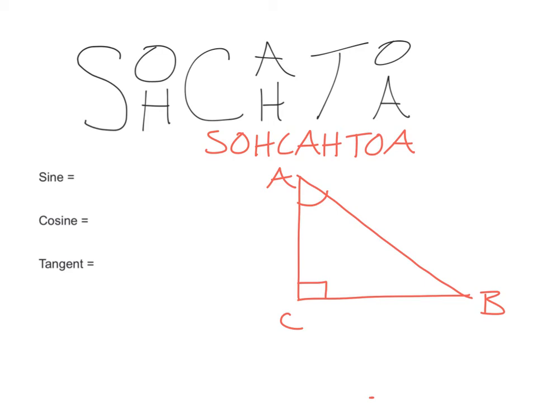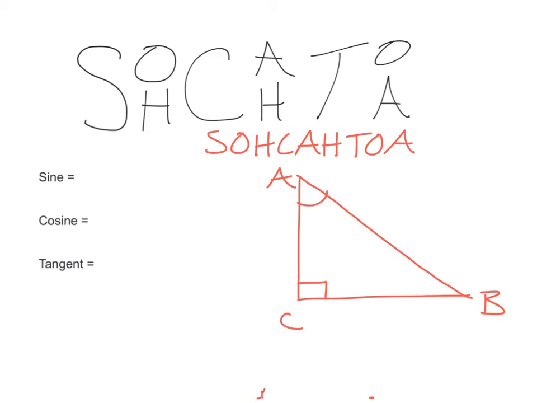So in other words, sine is a fancy word, and it means opposite over hypotenuse. In every right triangle, this ratio exists. Forgive my writing here, it's actually not 100% accurate.